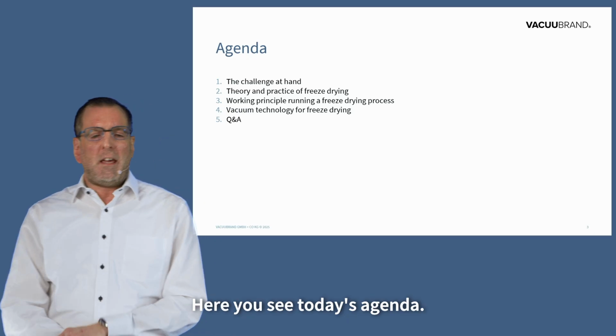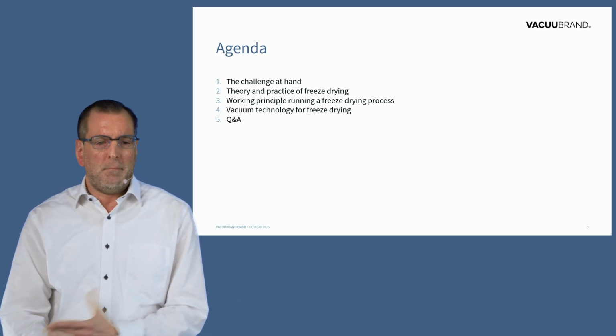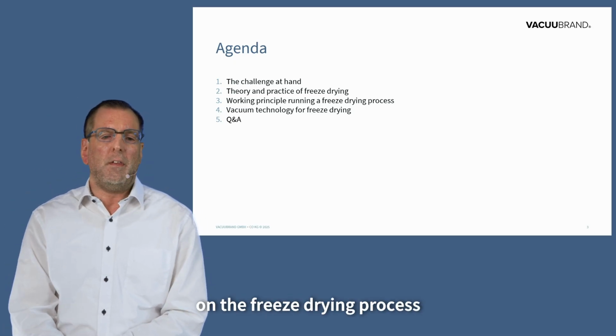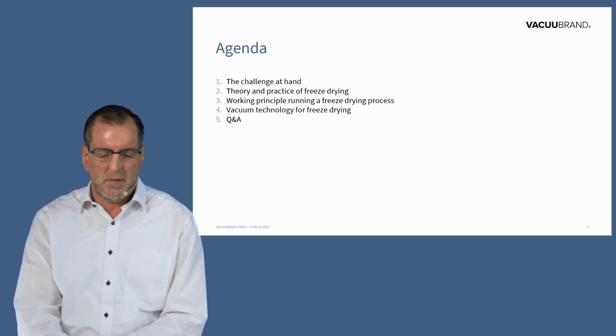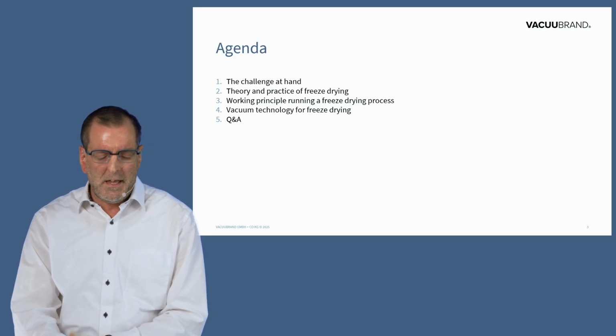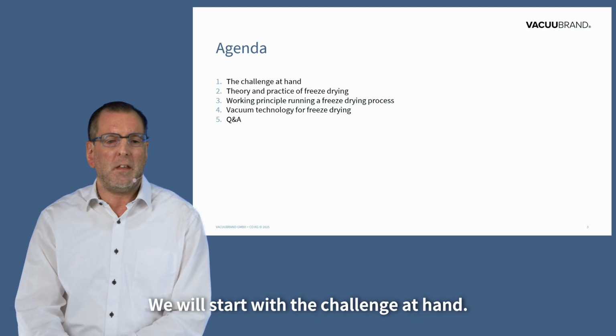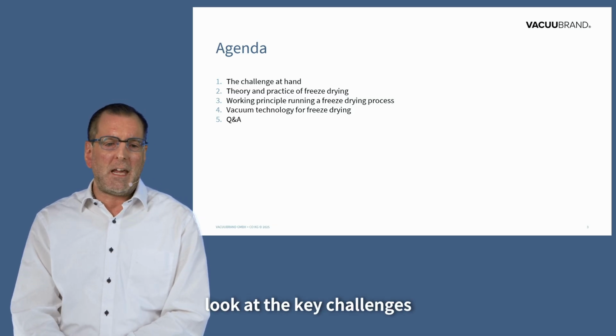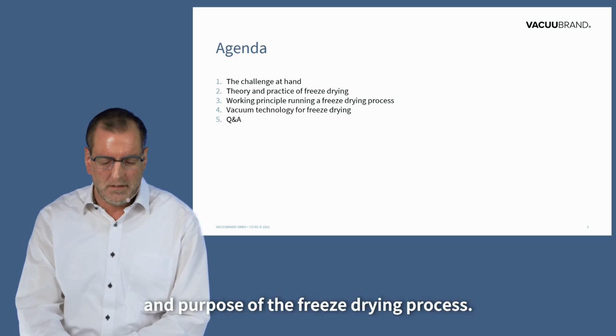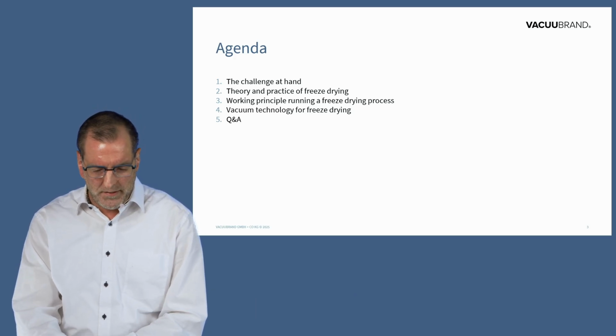Here you see today's agenda. As mentioned, we will focus on the freeze drying process and specifically the role of vacuum and vacuum technologies applied. We will start with the challenge at hand, so we will look at the key challenges and purpose of the freeze drying process.